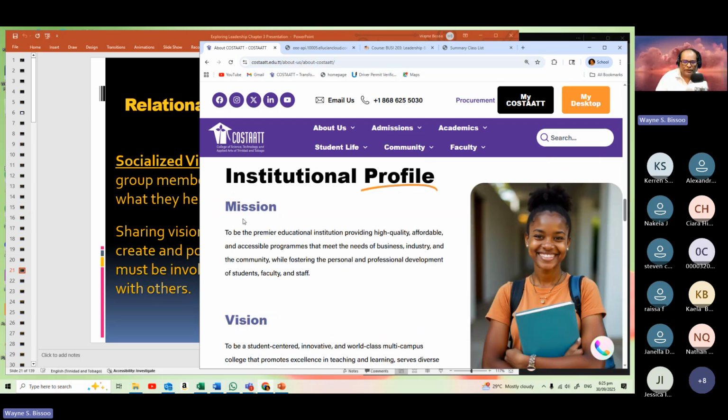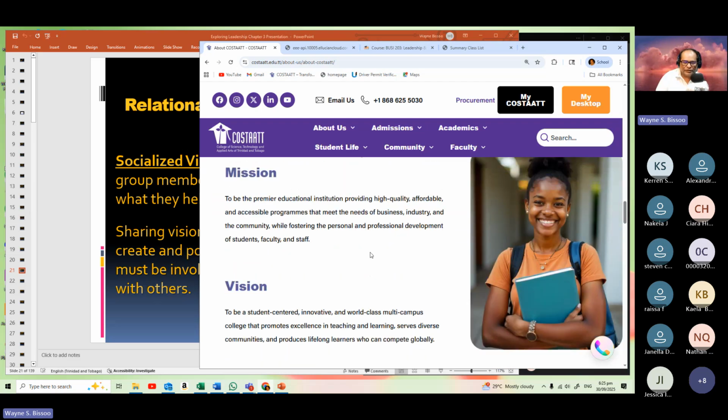And in order to develop this mission and vision statement, each institution had to go to all of its staff members and get their suggestions, engage in forum discussions with all levels of the organizations in order to develop a vision and mission statement.